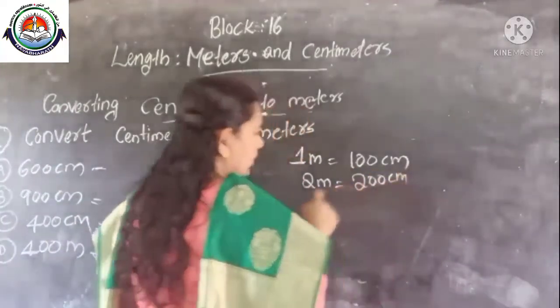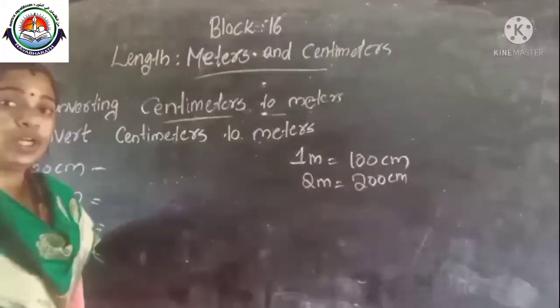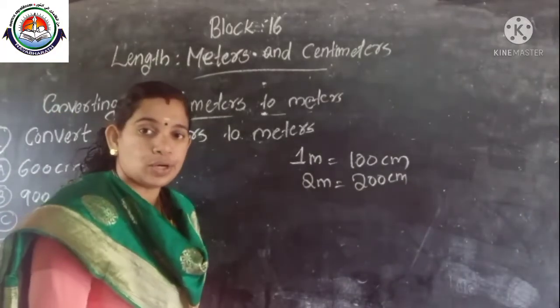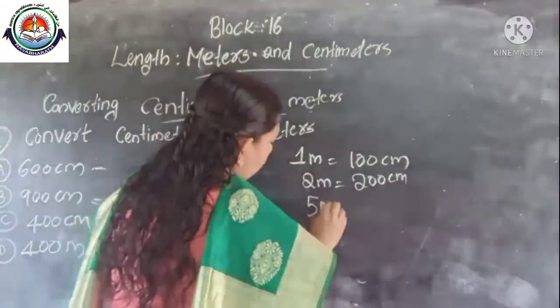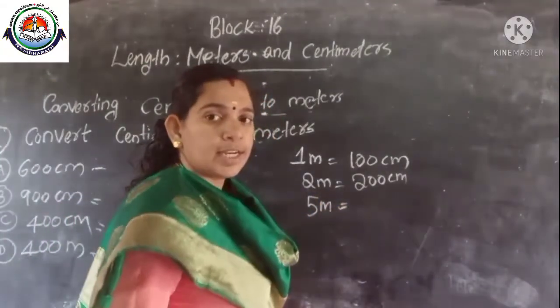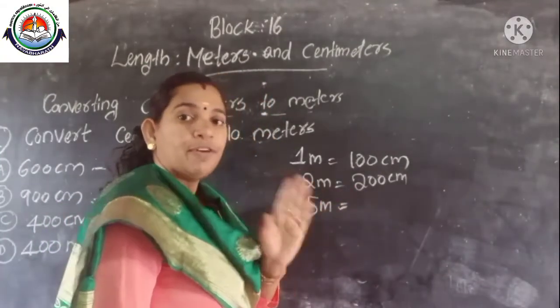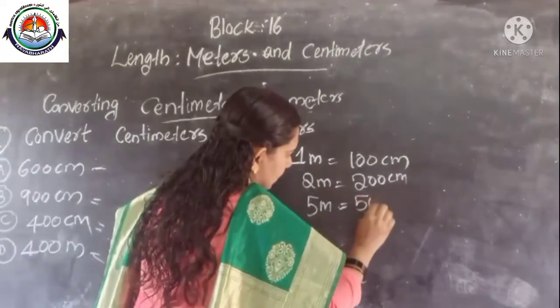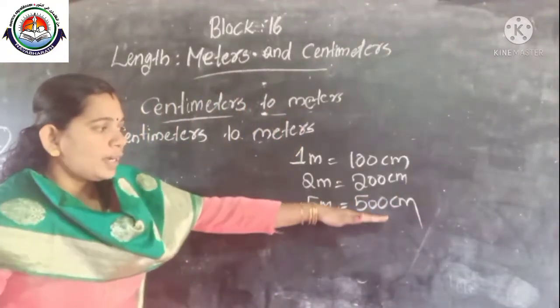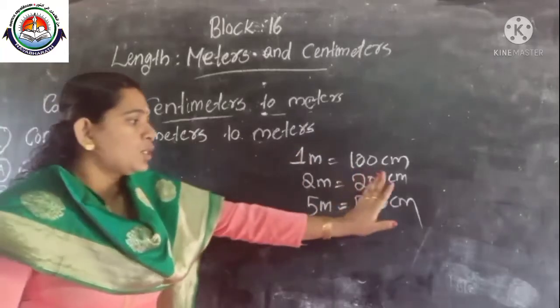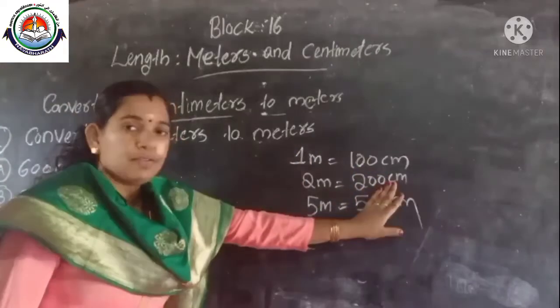How do you get it? You multiply 2 into 100, which is 200. Then 5 meter is 5 into 100, 500 centimeter. So to go back, the 2 zeros we cancel and you get 5 meter.